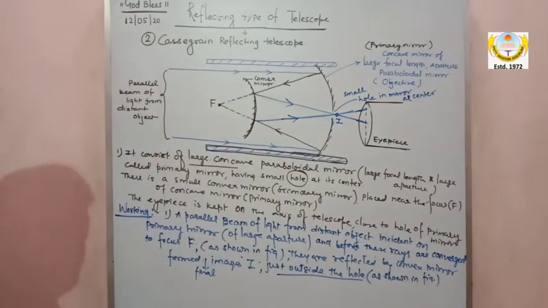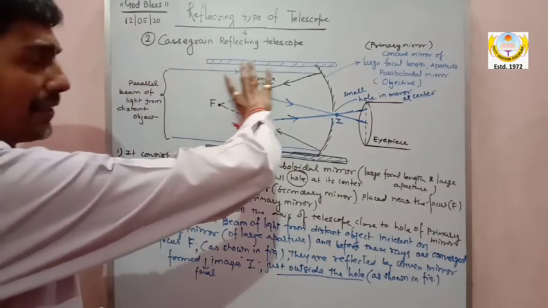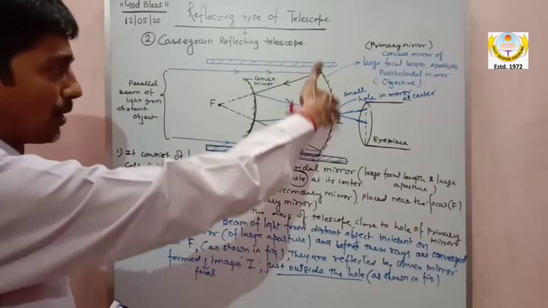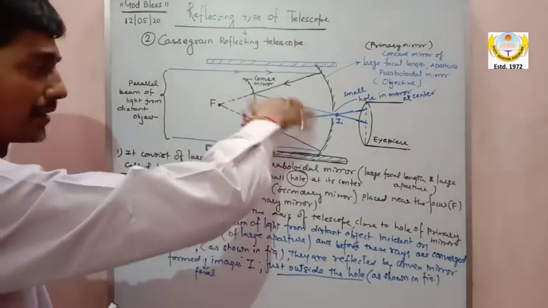So this is a very crucial point, my dear. A parallel beam of light is coming from the distant object falling on the large mirror, that is the primary mirror, the concave mirror.